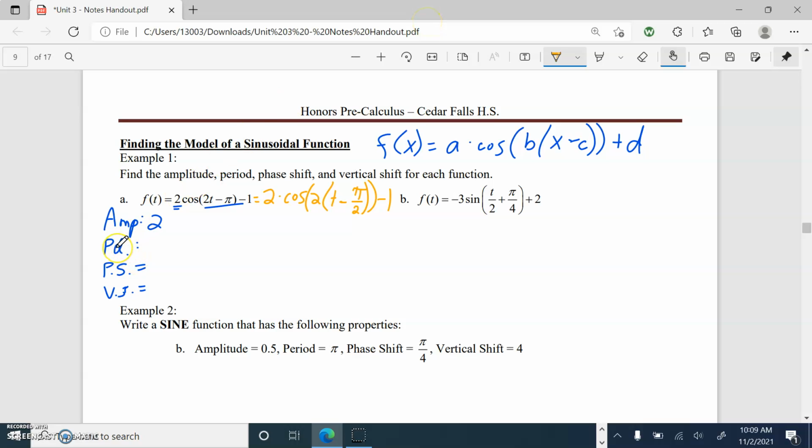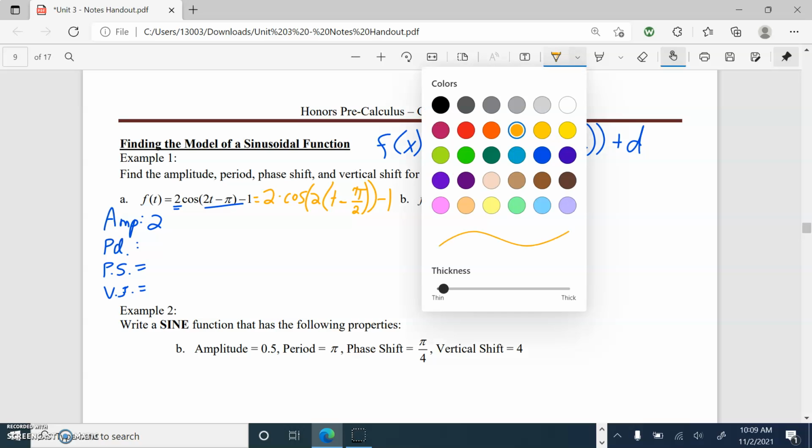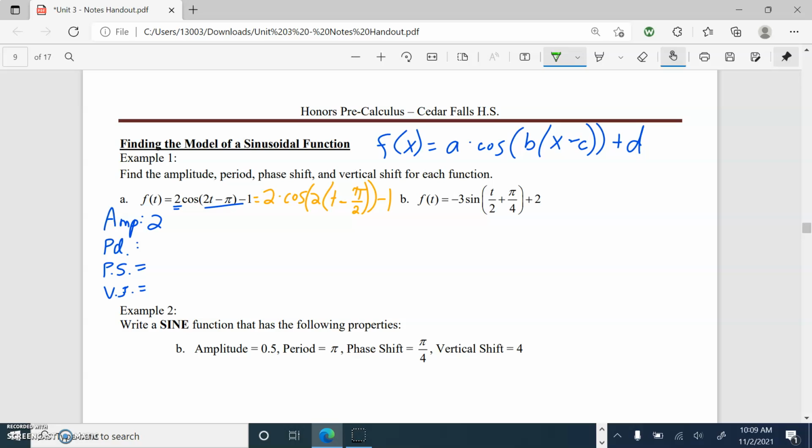So our period, remember, is 2 pi over b. Period is equal to 2 pi over b. B is the number out front of that x term, so that's a 2, so 2 pi over 2.